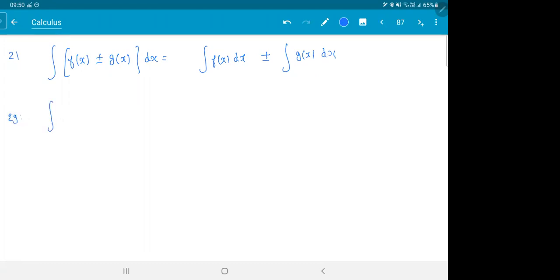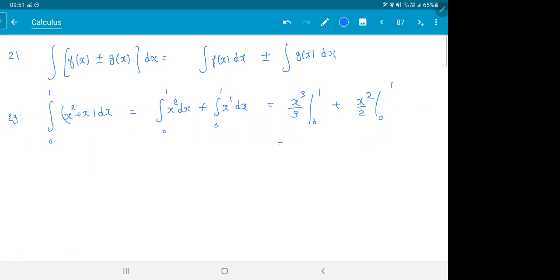Example, if you have something like x square plus x dx, then what you do, integrate x square separately, integrate x separately. That would be x cubed by 3 from 0 to 1 plus x square by 2 from 0 to 1. That would be 1 cubed by 3 minus 0 plus 1 square by 2 minus 0. That's 1 by 3 plus half, 5 by 6.